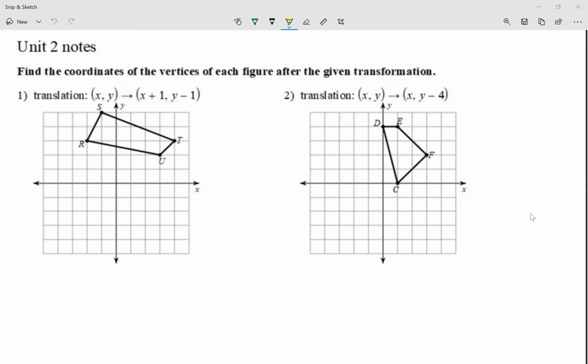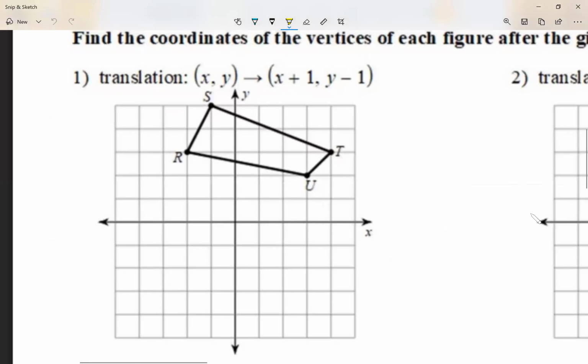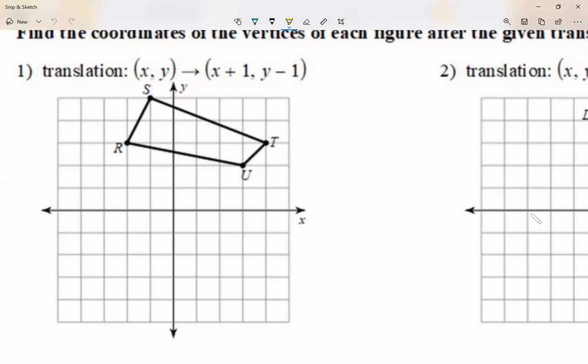Interesting though is that when I look at a question, for example my points here, I can get the coordinates of my points. Let me start with the points, in any order. We have point R, S, T, and U. I can get the coordinates of each point.